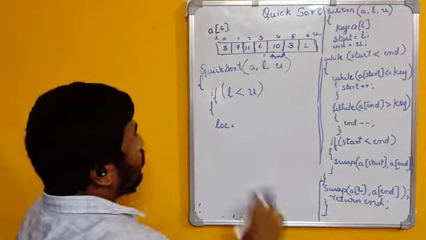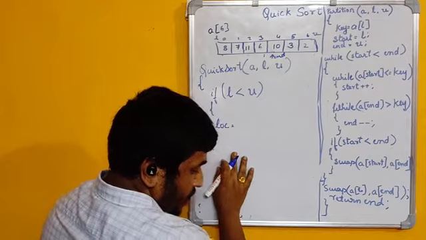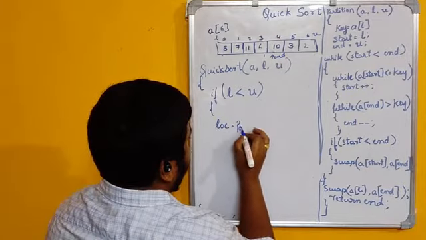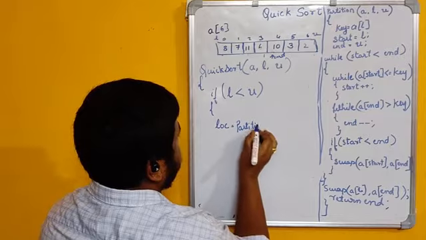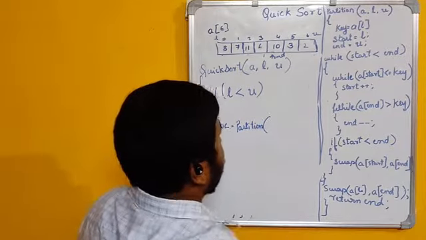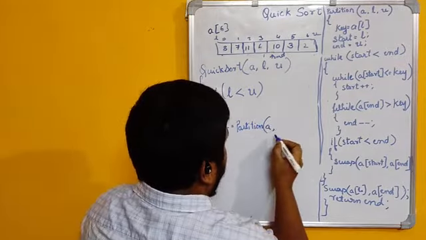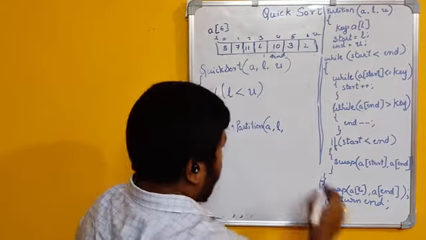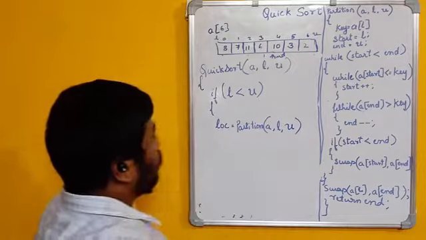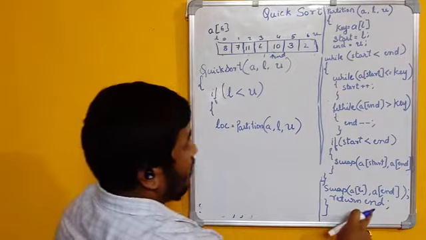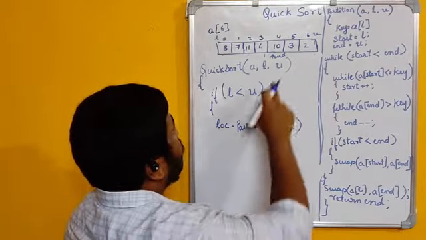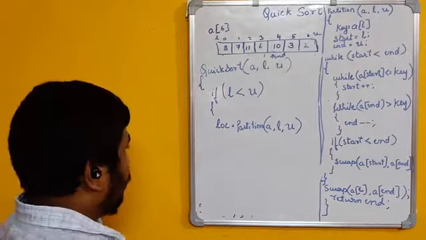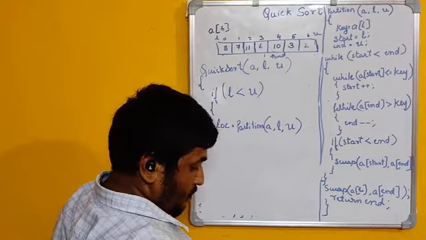So this will return, and we will store it in location, where location is equal to partition(A, L, U). This function returns end, so this location will store this end, that is 4.